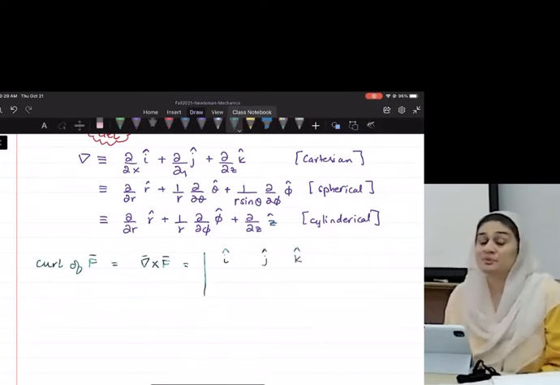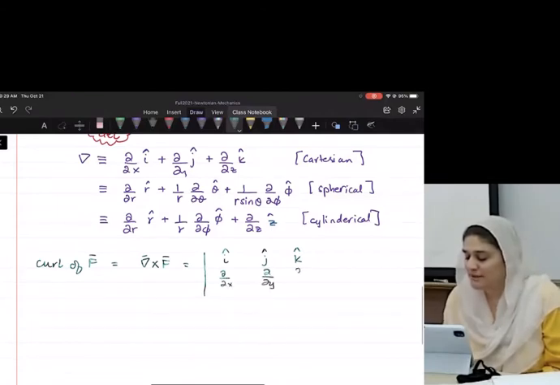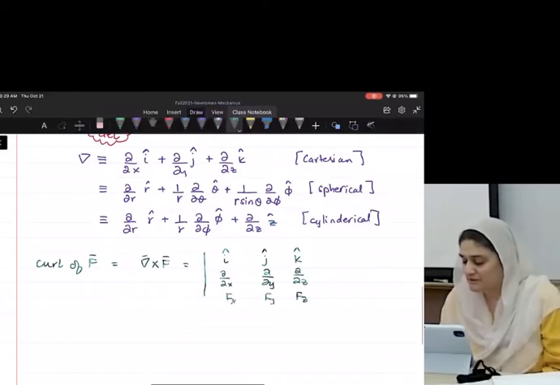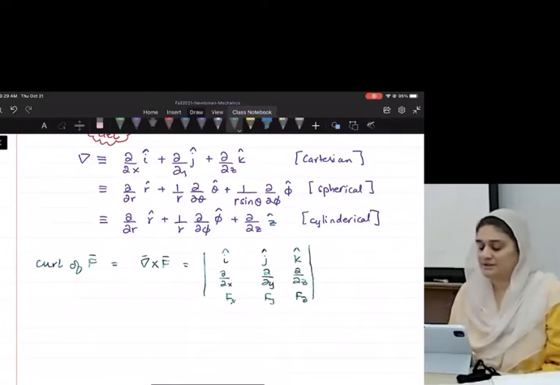This is the easiest way to remember it. There are other ways to do it too, but matrices are probably the easiest way. This will be just partial over partial x, partial over partial y, partial over partial z, f of x, f of y, f of z. In Cartesian.